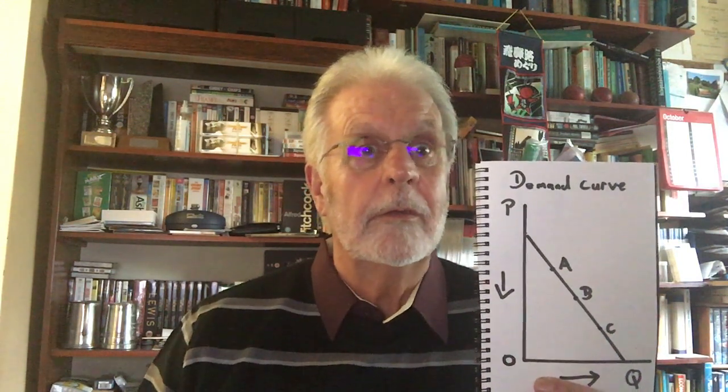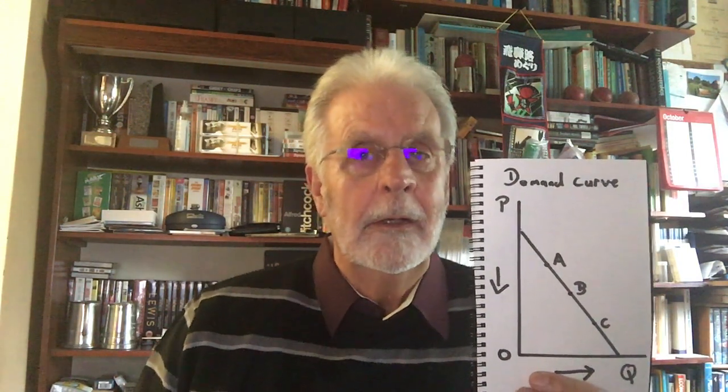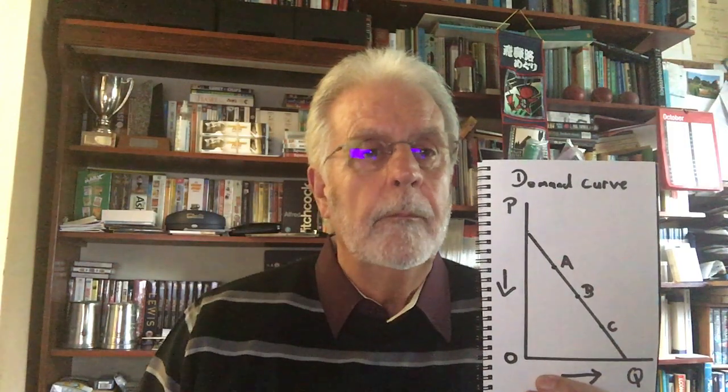Now, one is quite interesting, that middle point there, because there is a curve which has 1 over the whole curve, and it's called a rectangular hyperbola, and it's that dotted line there, D. That's a rectangular hyperbola because every single point along that line is equidistant from both axes.